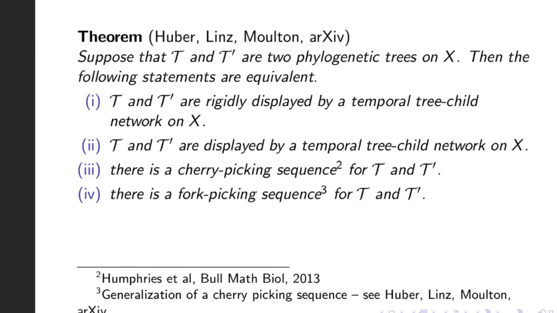However, this is equivalent to there being a cherry-picking sequence for T and T prime. Now such sequences are certain leaf operations as introduced by Humphries et al. in 2013, or there is a fork-picking sequence for my two trees. Now fork-picking sequences generalize cherry-picking sequences, and they are introduced in the arXiv paper I mentioned before already.